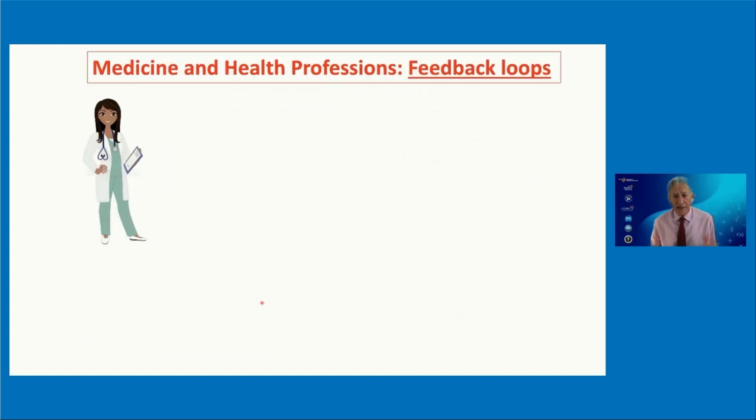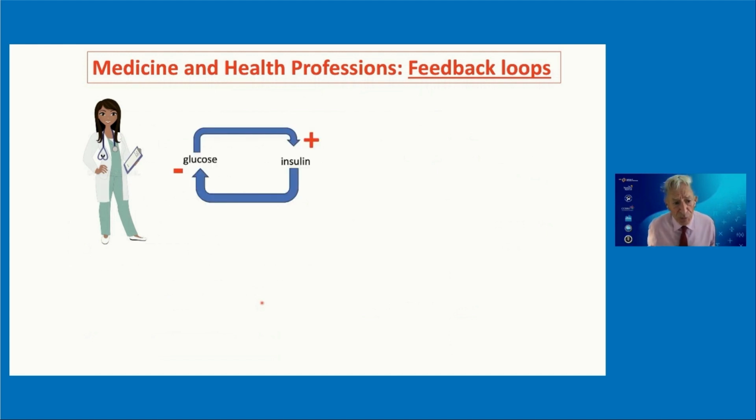So if we look at medicine and the health professions, what do we see there? The big thing that we see there is the omnipresence of feedback loops. You have a meal and it raises your glucose. That raises your insulin secretion by the pancreas, but insulin secretion lowers glucose levels by metabolizing the glucose. So we have a negative feedback loop.